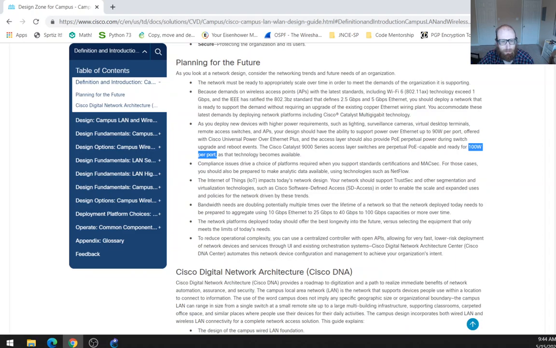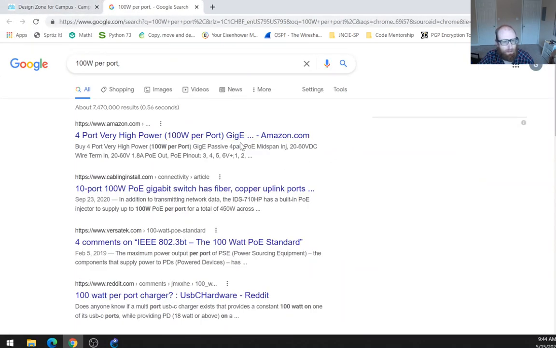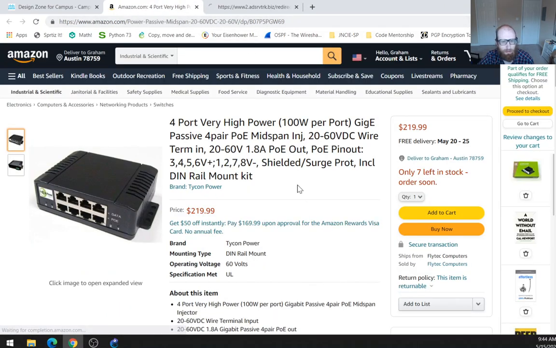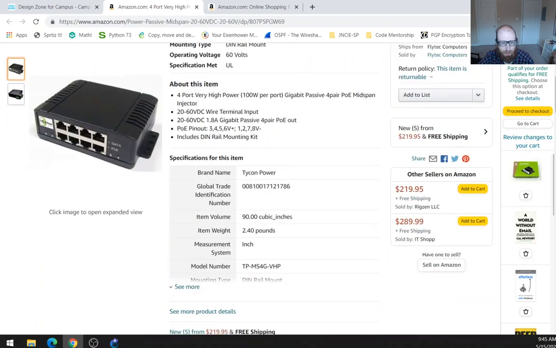So I guess there's something to be said for buying more than what you need. Or you could just get this for less, but here you just get a gigabit.